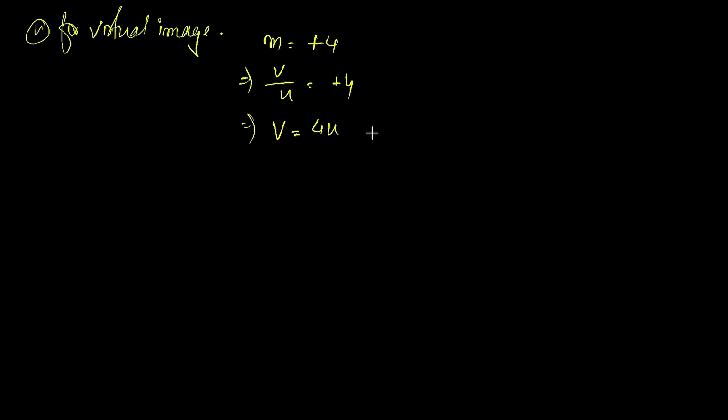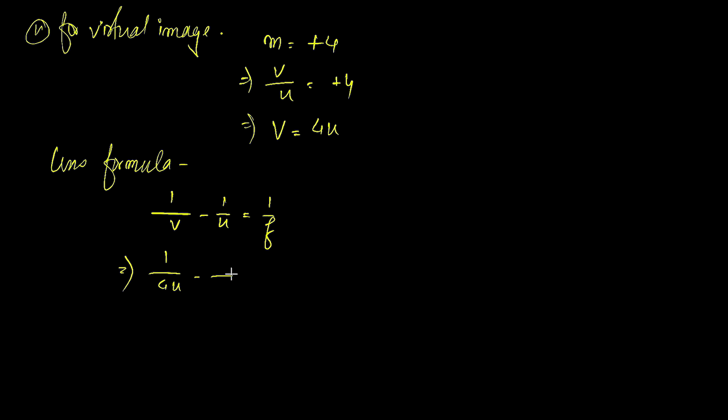4u. Simple. Again we will use the lens formula. What is going to be there? 1 by v minus 1 by u equal to 1 by f. Just put down the values: 1 by 4u minus 1 by u equal to 1 by f, right? So we can actually solve it.